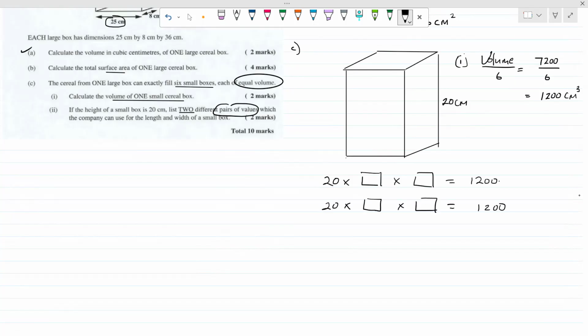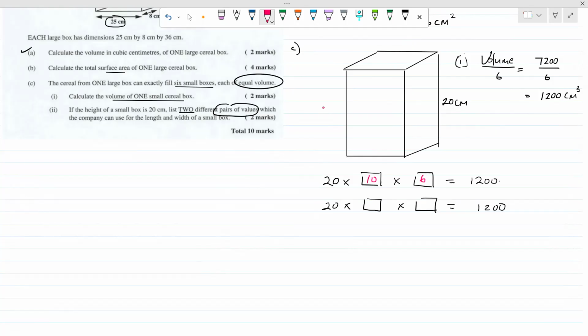What do you want to use? Let's keep it simple. If we do 10, this box here is 10. 20 by 10 is how much? 200. 1,200 divided by 200 will give me what? 6. Correct. So this could be one pair of values that you could use.